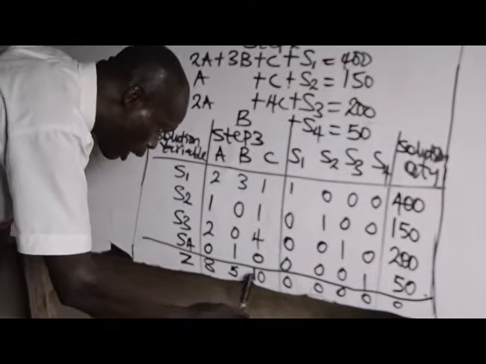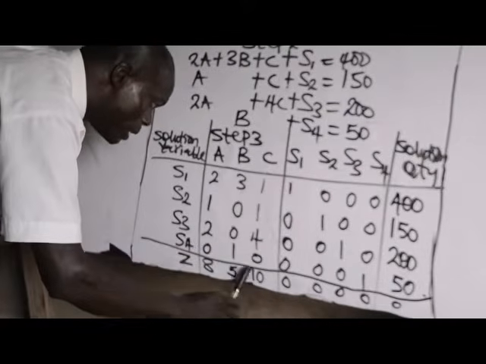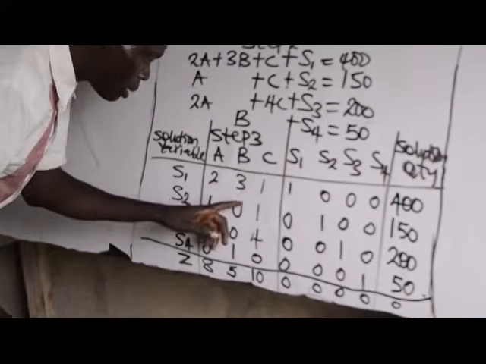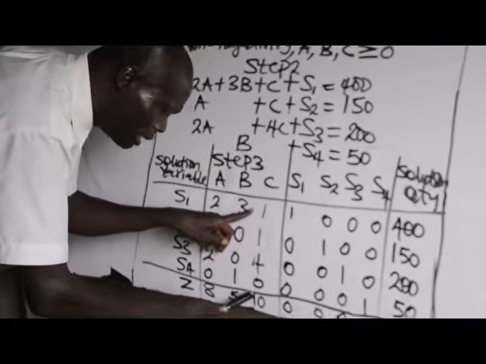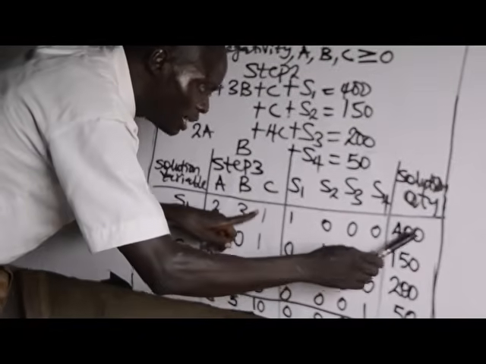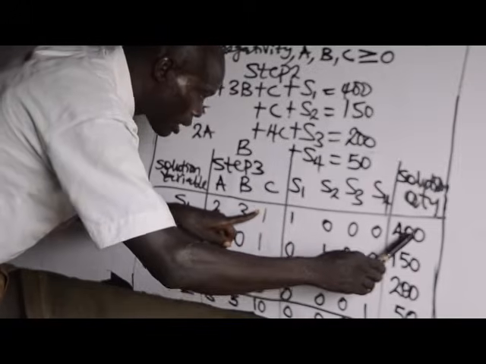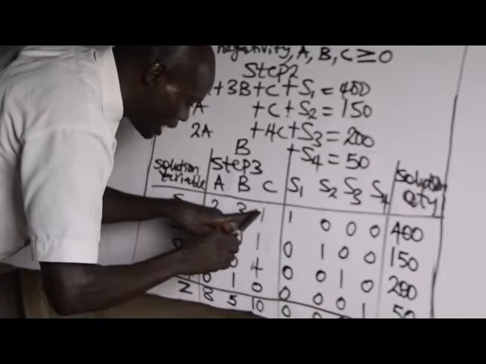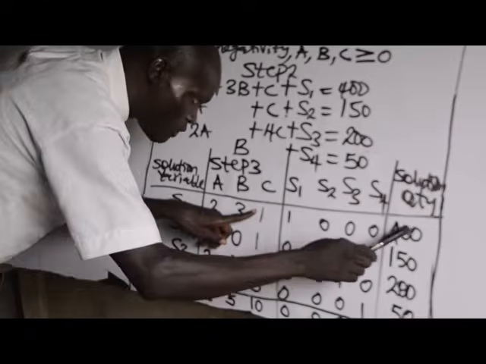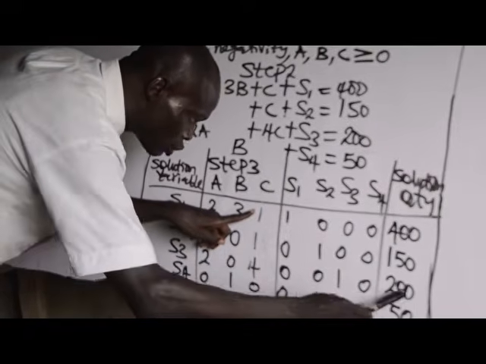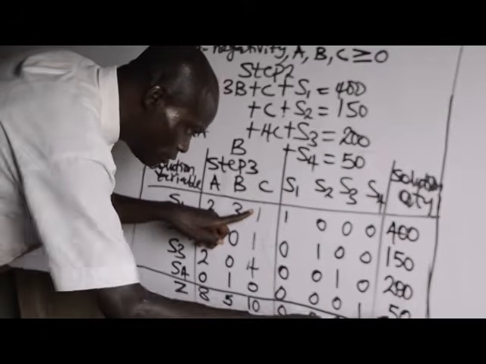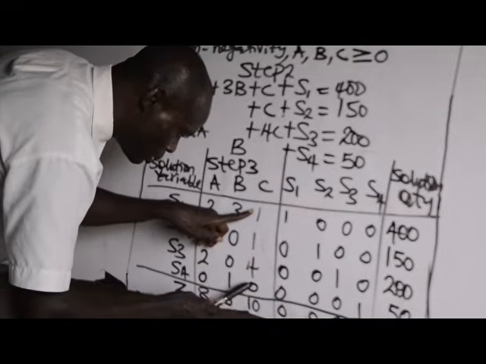So that means the column that contains 10 will be the pivot column. But you don't know what the value of the pivot will be. So you take the value in the solution quantity and divide it by the value in that column. So we have 400 divided by 1, 150 divided by 1, 200 divided by 4, 50 divided by 0.